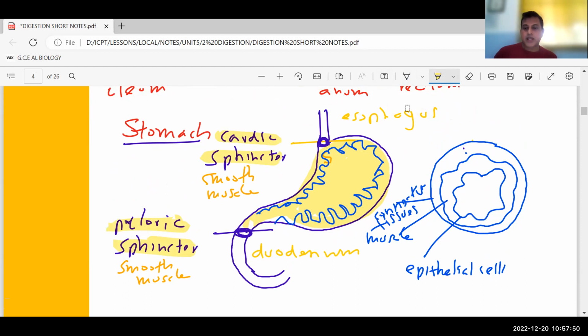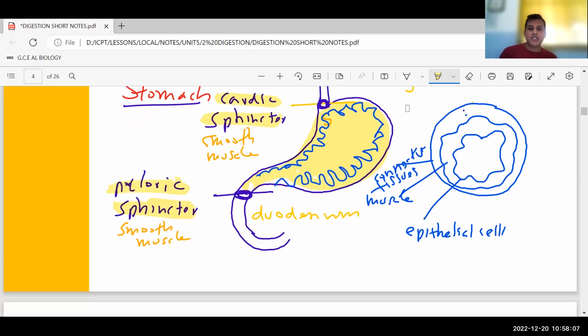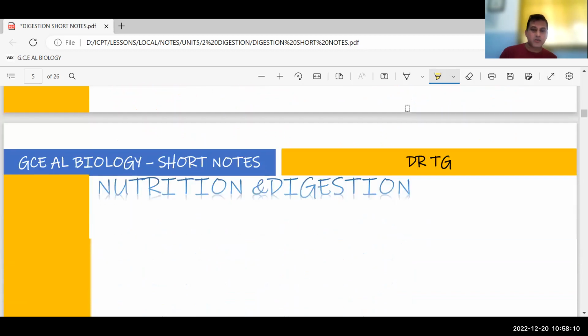But just to get an idea, the epithelial cell layer, the muscular layers, and the connective tissues make this whole alimentary canal. Okay, then we look at how inside looks like.